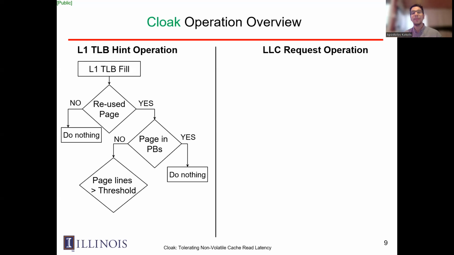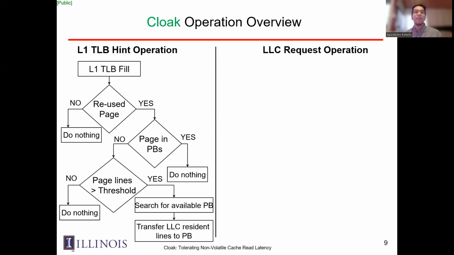If the number of cast lines exceeds a programmable threshold, then we will activate these cast lines to a page buffer. If it's not, then we're going to do nothing. So in this case, the cast lines are not above the threshold, so we don't do anything. But if the population of the cast lines is above the threshold, then we search for an available page buffer, and then we transfer the cast lines from the LLC data array to the page buffer.